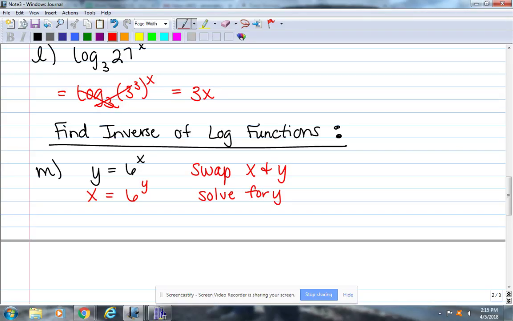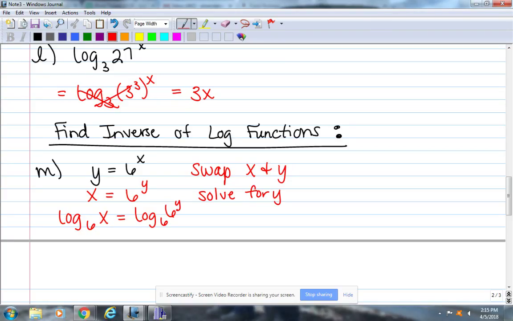So when we take our logarithm, we need to do a base 6. So I'm going to take log base 6 on both sides, because remember, for an equation, what you do to one side, you have to do to the other side.